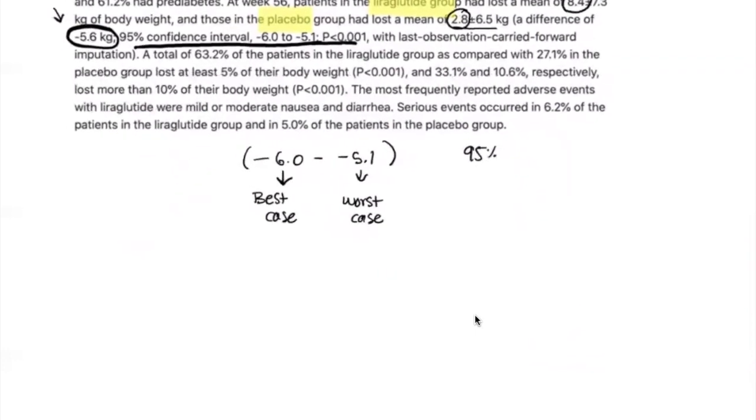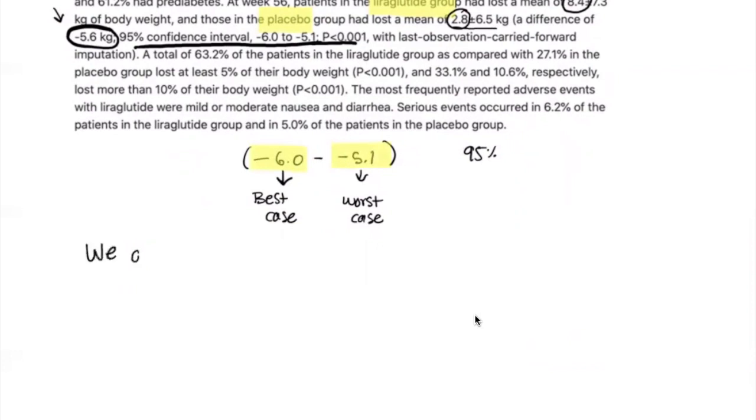It means that we are 95% confident that the true population parameter lies between negative 6 and negative 5.1. So again, I'm going to go ahead and write out that explanation.